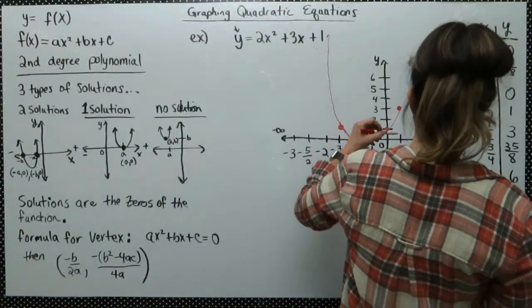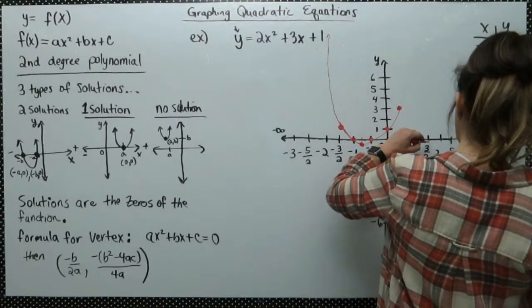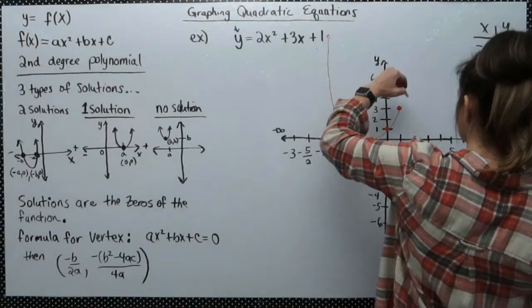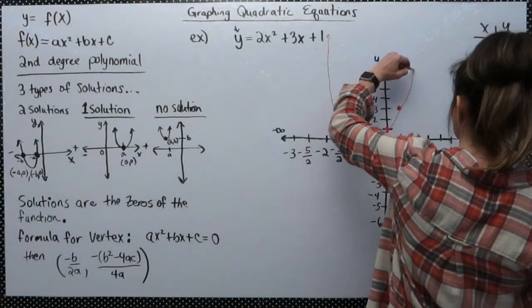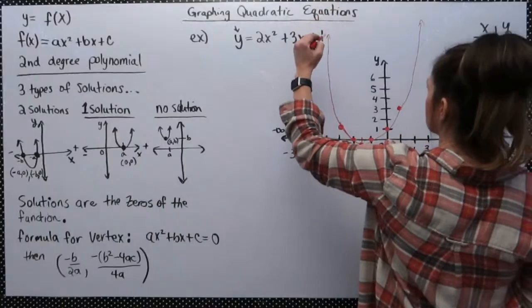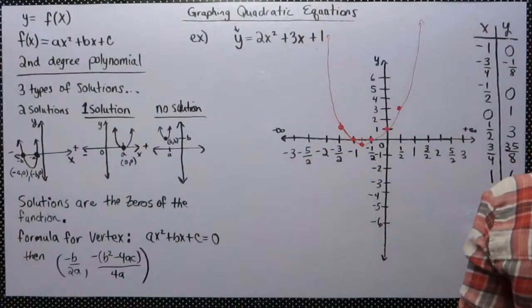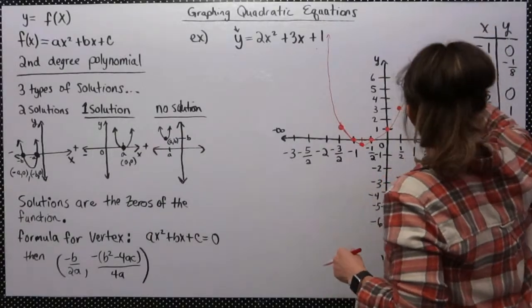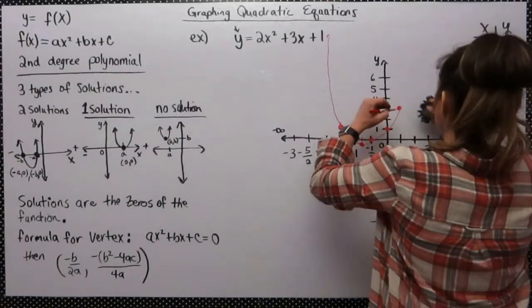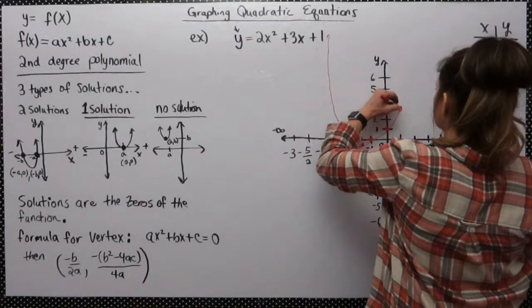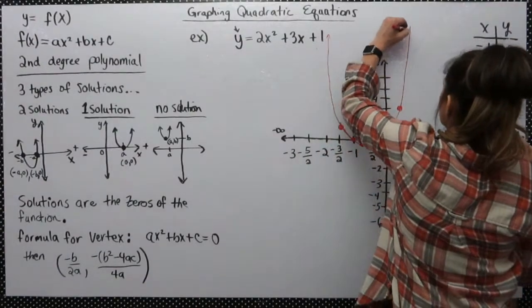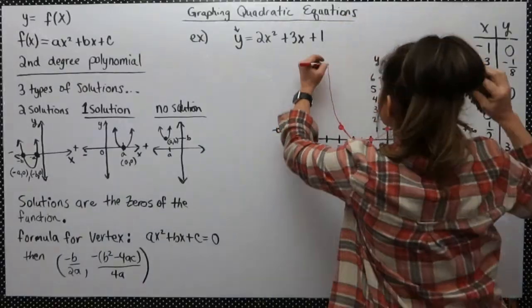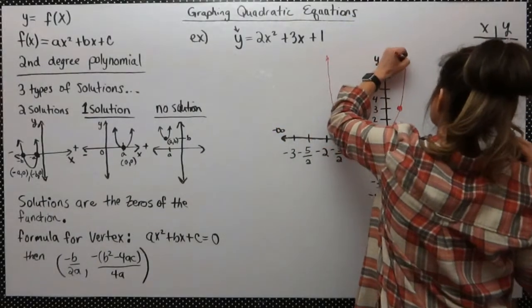So yeah, by 3/2, it's already at 10. 10's not even on there. So it's like this. And then we've got to cut it off at some point, so we'll just say right there. All right.